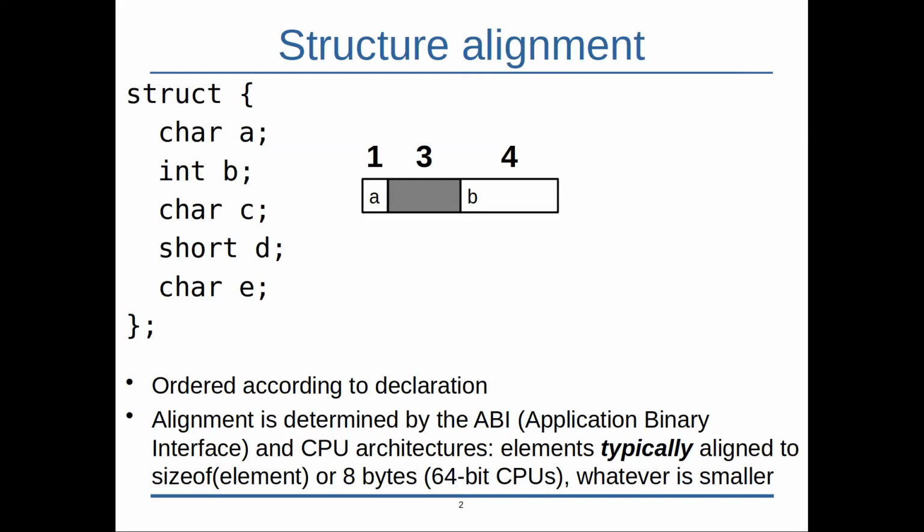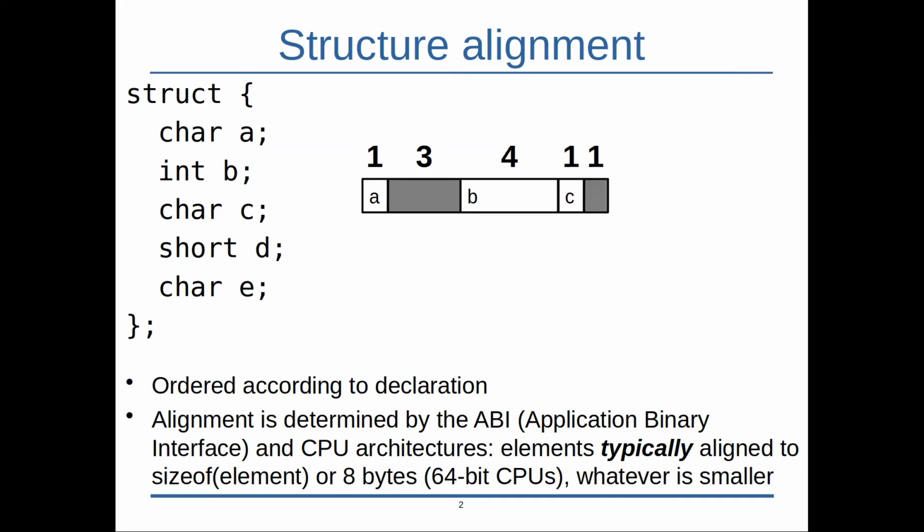So let's continue. Let's say we have 3-byte padding because we have a 4-byte element. So we add this 3-byte extra, and we are back to the 4-byte boundary alignment. Then we place C. C doesn't require any alignment because it's just 1 byte.